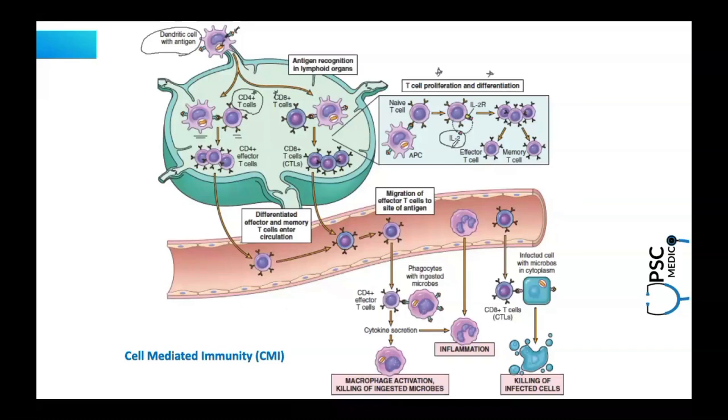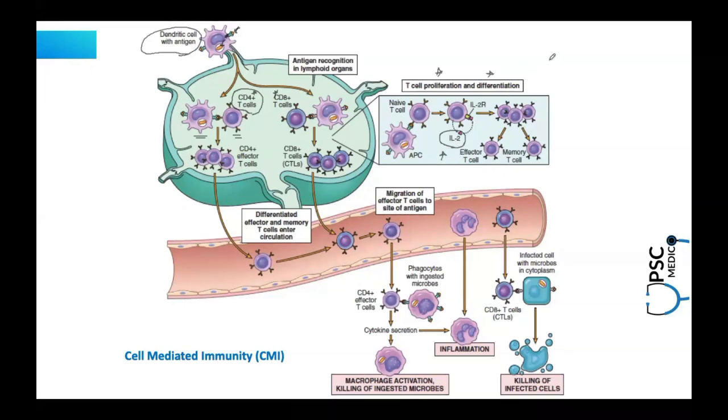Based on which type of interleukin is released, if it is 2, you will see a T helper 1 response. If it is something else, 4, 6, 8 and so on, you will see a T helper 2 response. Forget everything, but there will be some release of interleukin and you will see T cell proliferation.